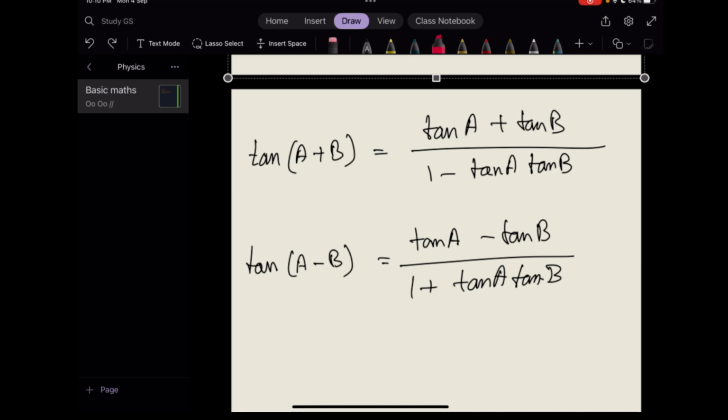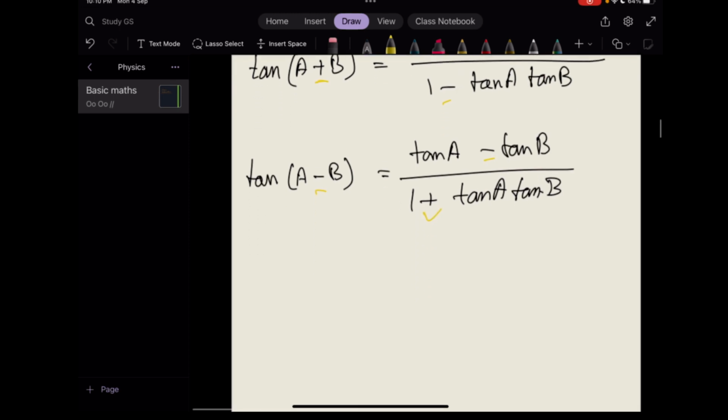Okay, so next, it's tan a plus b, tan a plus tan b over 1 minus tan a tan b, tan a minus b, tan a minus tan b over 1 plus tan a tan b. Very simple. If you have plus sign here, put plus, put minus here. If you have minus sign here, put minus here, put plus here.